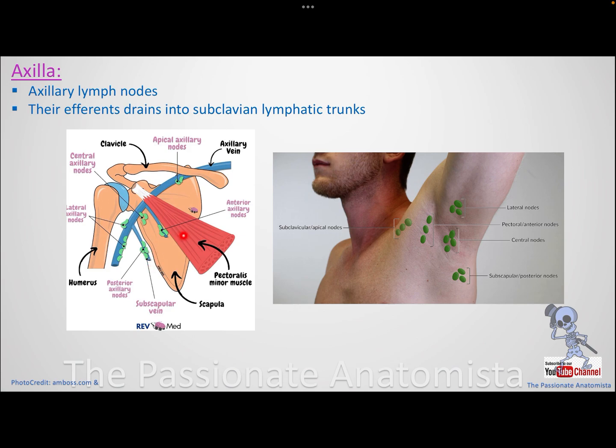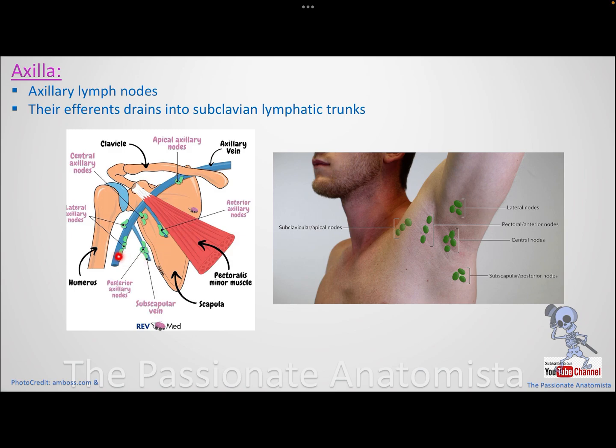So we have muscle here, lower border, muscle here, lower border, anterior wall, posterior wall.